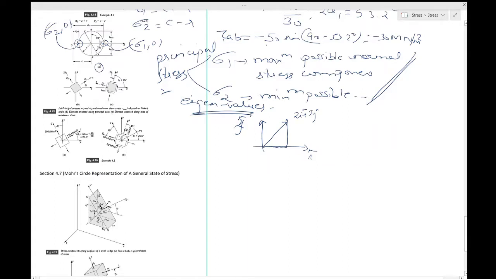Now if I ask you, what is the way through which I can align the entire magnitude of this vector along one of the axes? You would say that, well, I can have a rotated axis in this form.